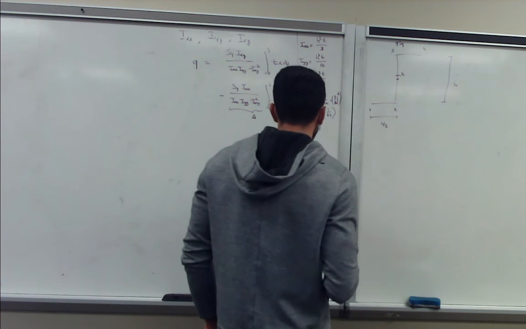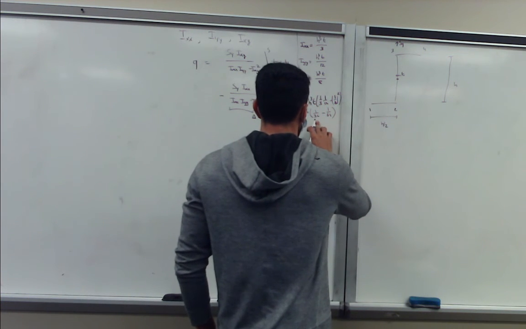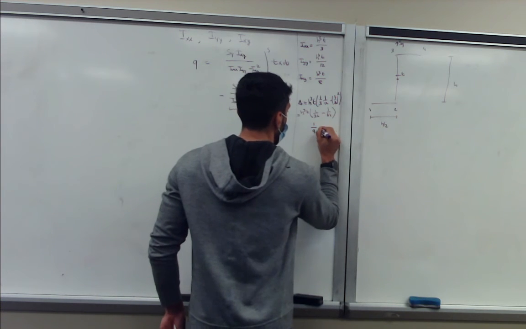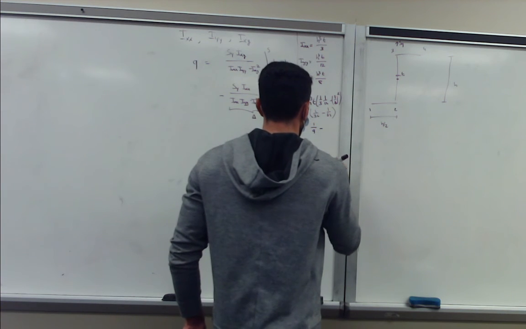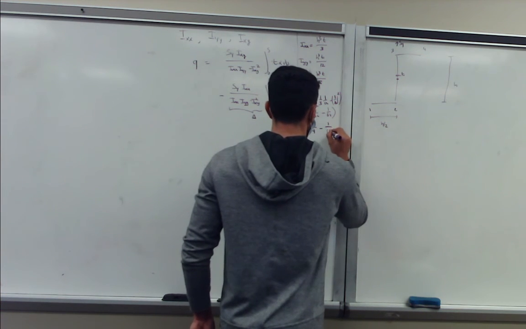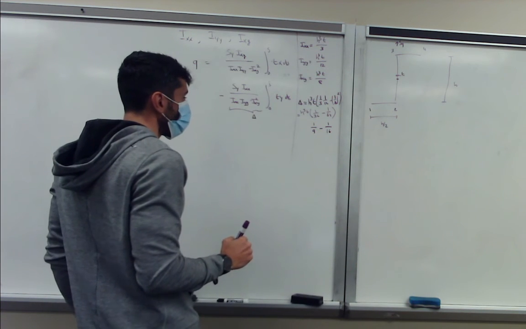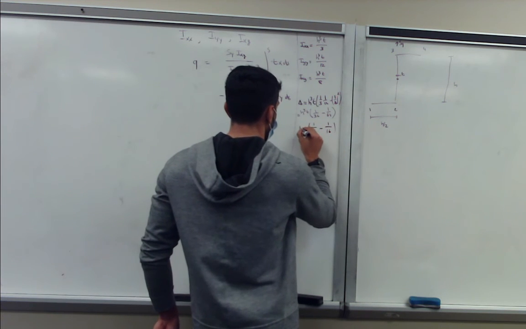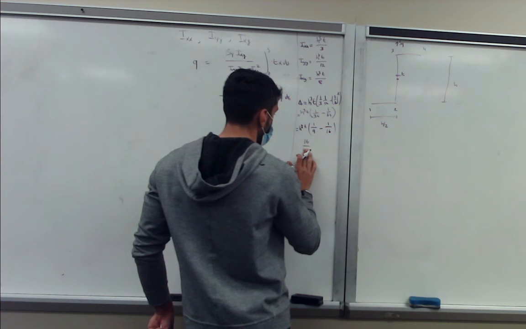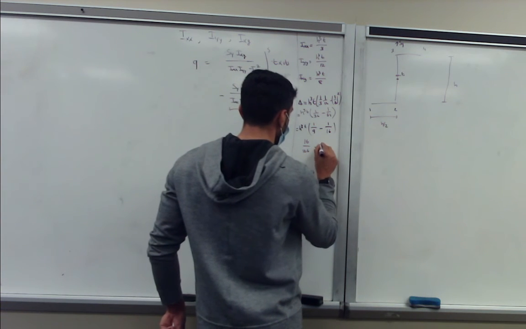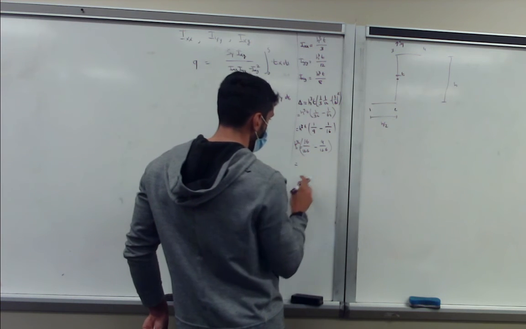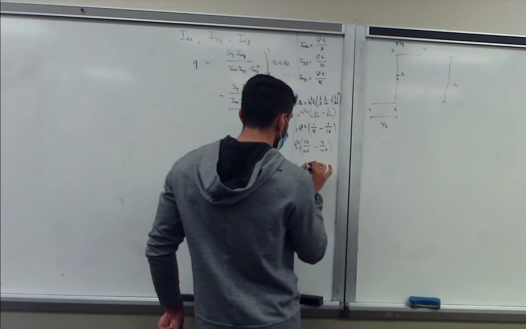What's the common denominator? 576 probably. So 16 minus 9, over 576, h cubed t, and then we'll get 7.